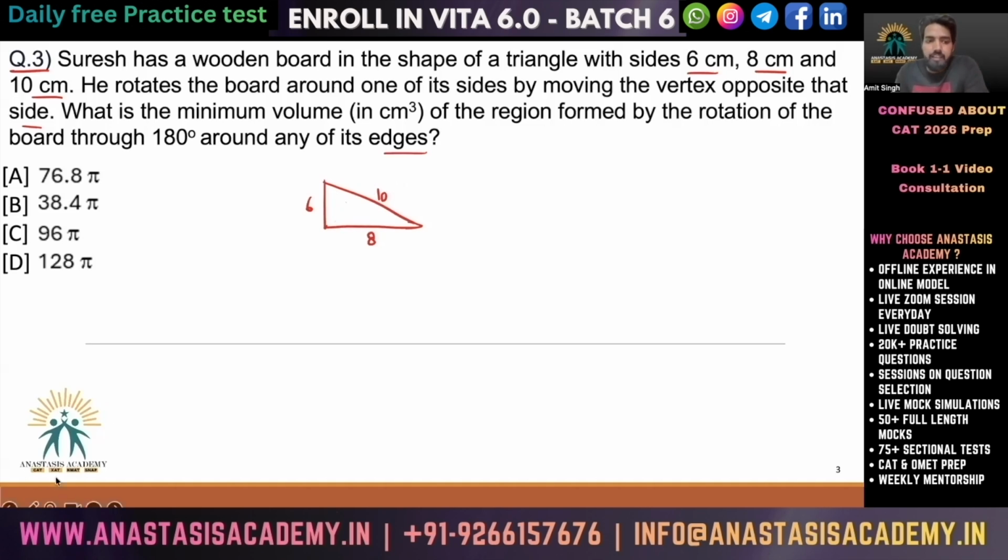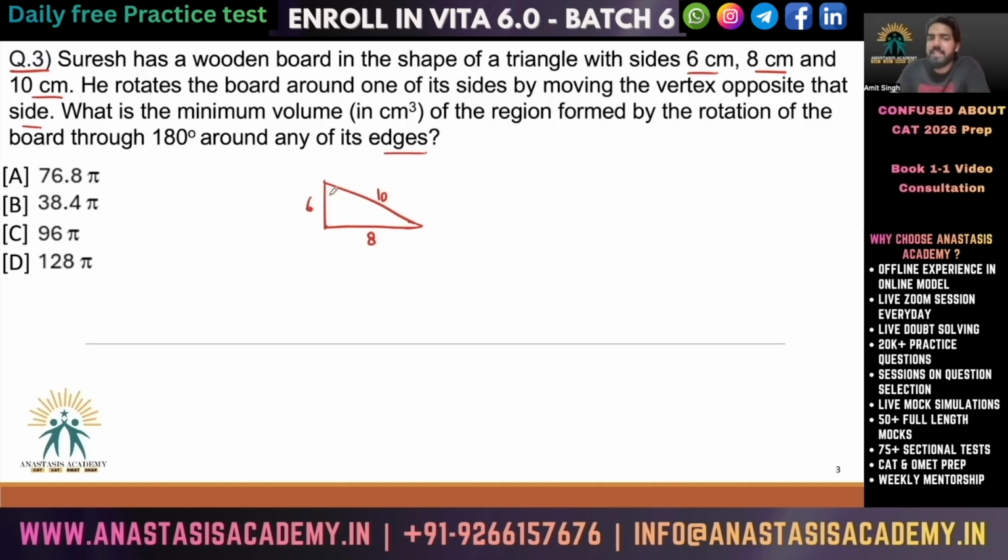Now this question is about rotating this figure 180 degrees about each of the edges, right? So if I rotate this figure around this edge, which is 6 centimeters long, we already know that if we rotate a triangle around its edge, then it forms a conical shape, right?